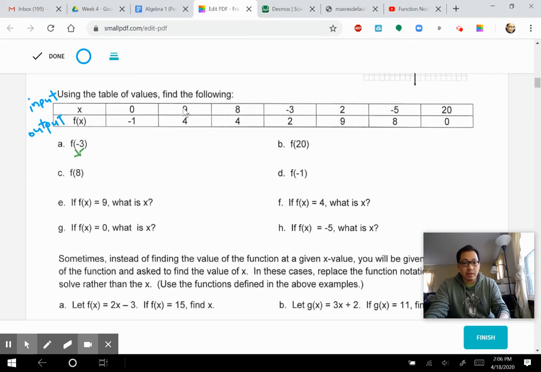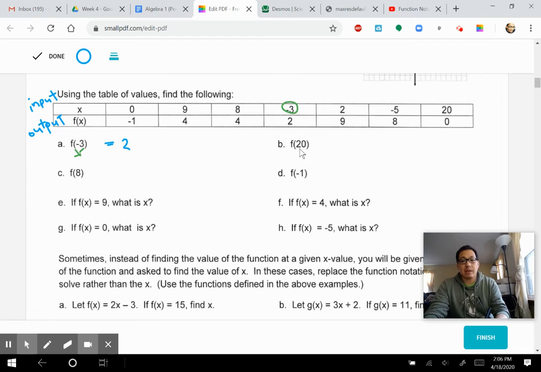Well, we can look across the table. Here's what we're looking for right here. When x is -3, what do we get as an output from this function? We get the value 2. So f of -3 equals 2.